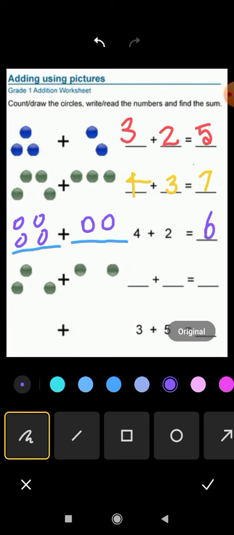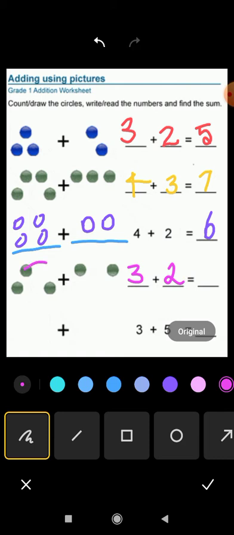Okay. So the next one as well: how many balls are there? You are going to count it: 1, 2, 3. So you write it in the first column, first dash. You write 3. Then second, 1, 2. We are going to add both of them.